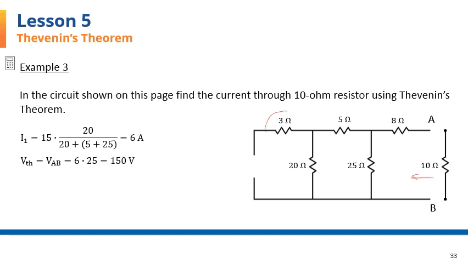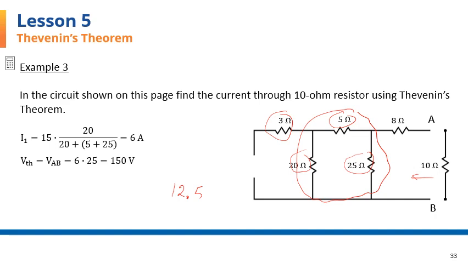The 3 ohm in this case does not come into play. I have a 5 and a 25 in series, 5 and a 20 in series. That comes to 25, and that 25 falls in parallel with another 25, which results in 12.5 for this combination here. And that 12.5 ohms will be in series with the 8 ohm.